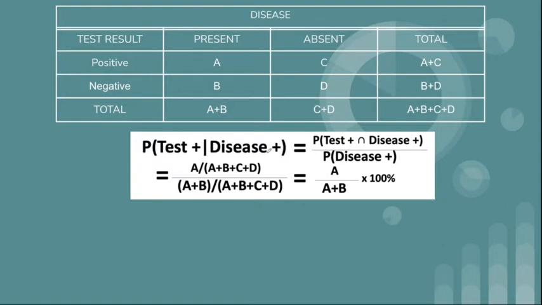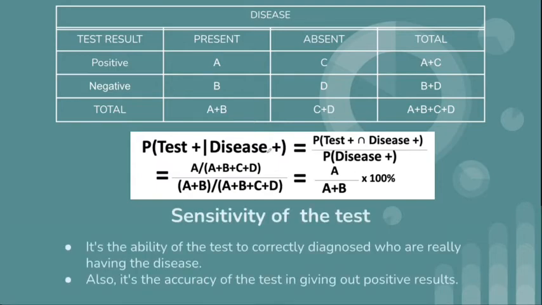So, it will be A over A plus B. Then, we may multiply it by 100%. And that is called the sensitivity of the test. It's the probability of the test to correctly diagnose those who really have the disease. Also, it is the accuracy of the test in giving out positive results.